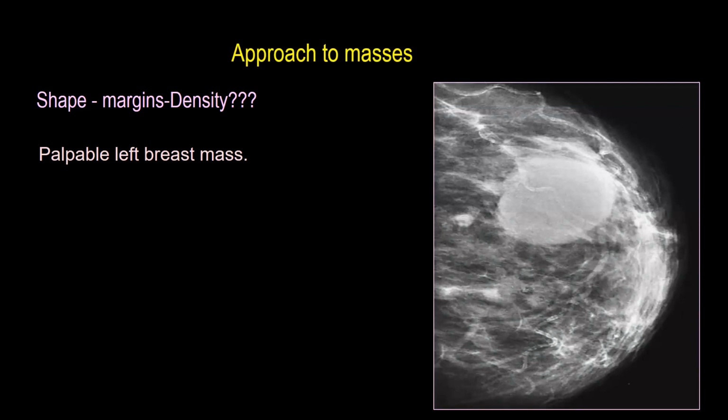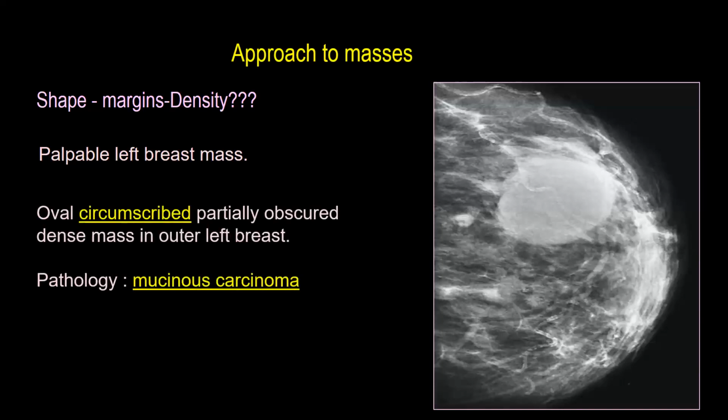The margin is indistinct. The shape is irregular. Look at the parenchyma. Here it is circumscribed, but here it is obscured. But this is circumscribed, partially obscured. But being palpable and high density, you are not reassured. You will give it BIRADS 4, and then it was a mucinous carcinoma.